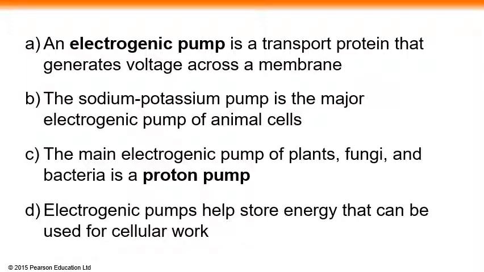So they make a difference in plus charge and minus charge across the membrane. The sodium-potassium pump is the major electrogenic pump in animal cells. They kick out 3 Na+ and absorb 2 K+. That's why they make a difference. That's one kind of electrogenic pump.